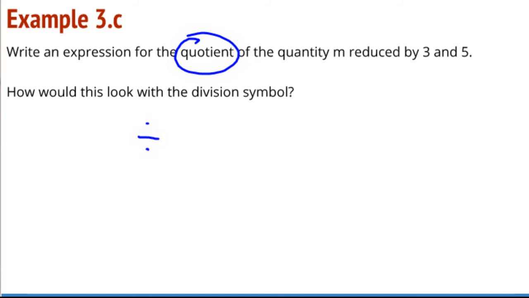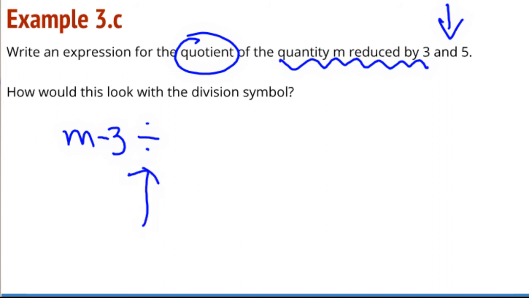And I'm looking for the quotient of the quantity m reduced by 3 and, here is the division symbol, 5. So there it is with the division symbol. Now hopefully your brain is saying to you that you better add some parentheses, because we're supposed to reduce m by 3 before we divide by 5.